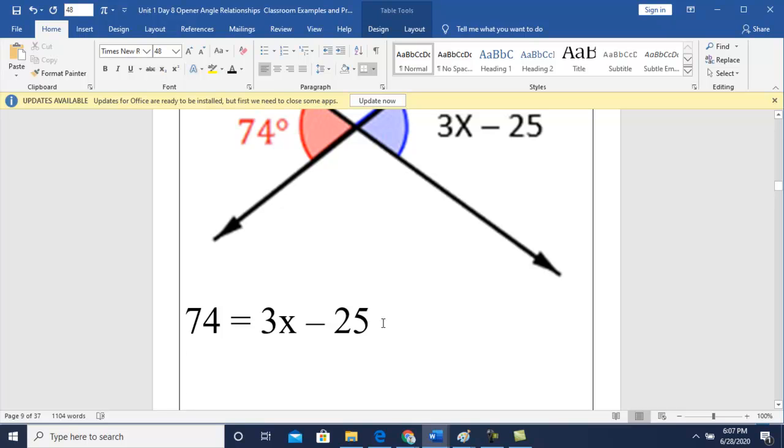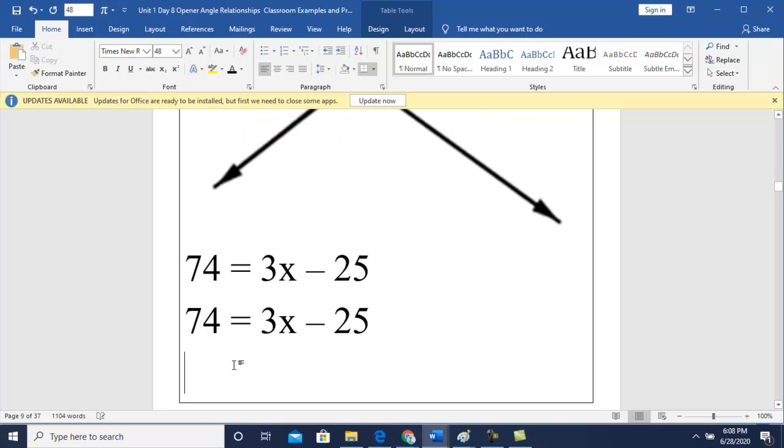We're going to do the opposite. What's the opposite of a minus 25? It's a positive 25. One of our algebra skills tells us that if I add 25 to the right side, I have to add 25 to the left side.